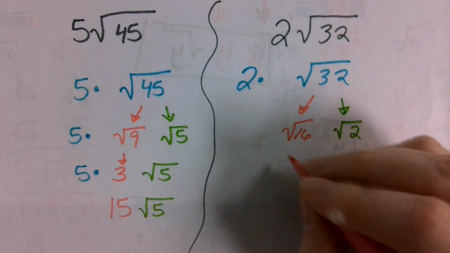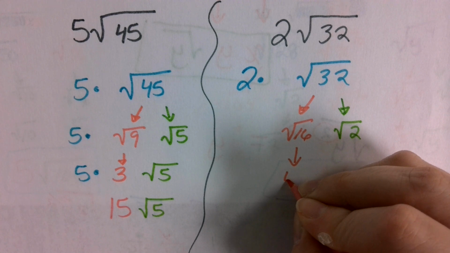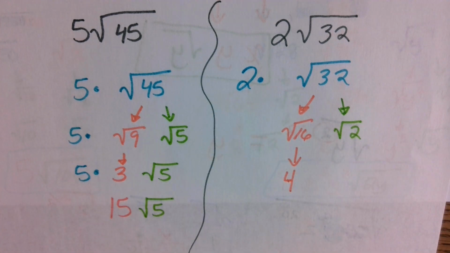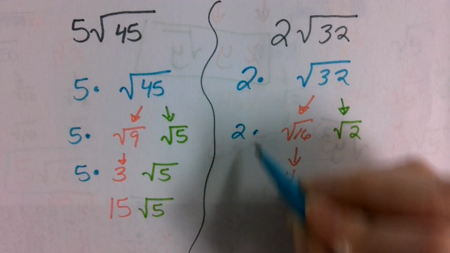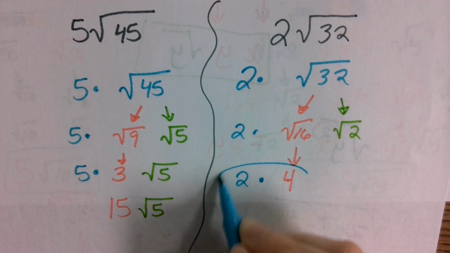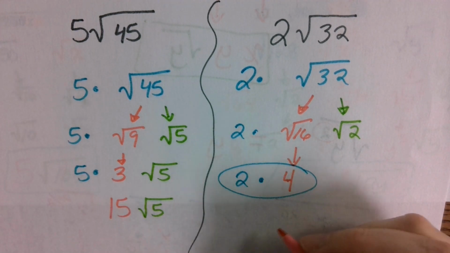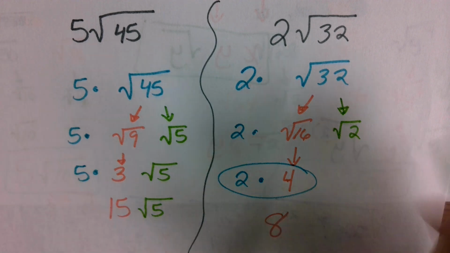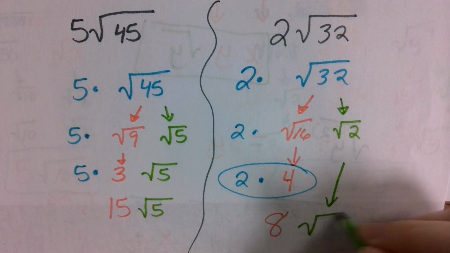What's the square root of 16? 4. So you're going to take that 2 and you're going to multiply it by the 4. 2 times 4 is going to give you 8. And then the square root of 2 just stays on the square root.